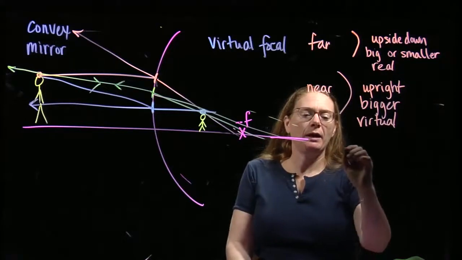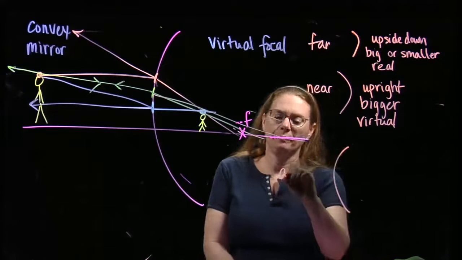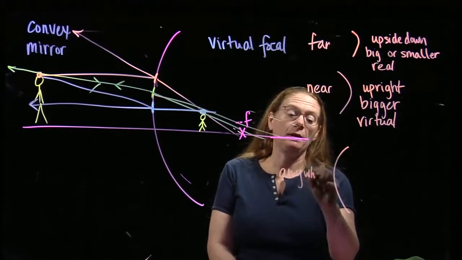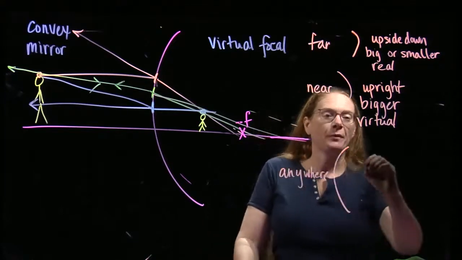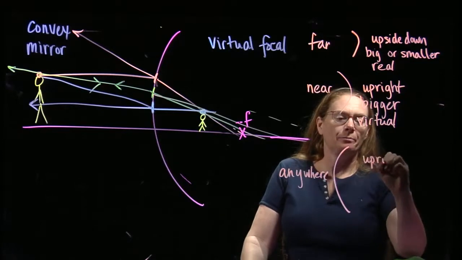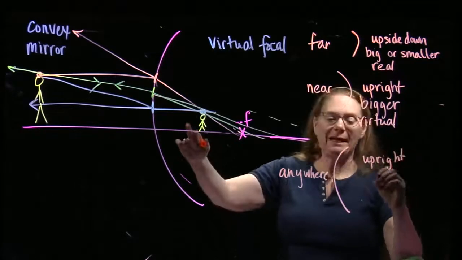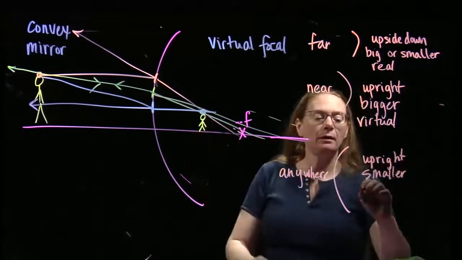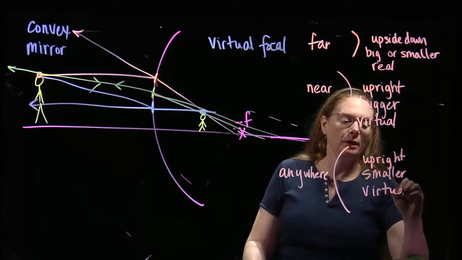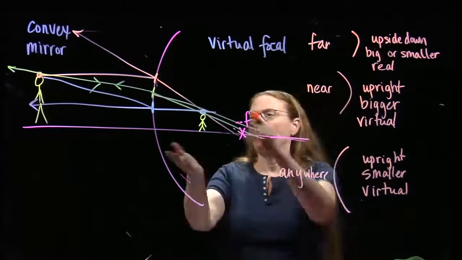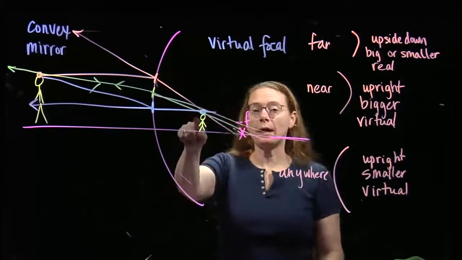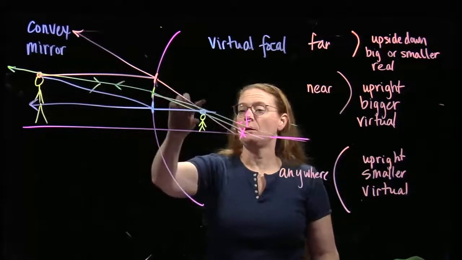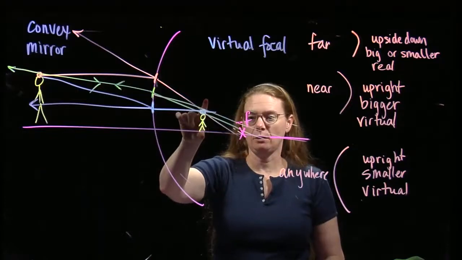And then if we have a convex mirror, it turns out if we're anywhere in front of a convex mirror, we have an upright image, but it's tiny, so it's smaller than our object. And again, it is virtual because the light rays don't actually meet here, but our eye gets fooled into thinking that there is an image behind the mirror.